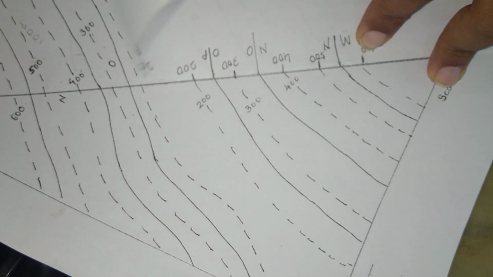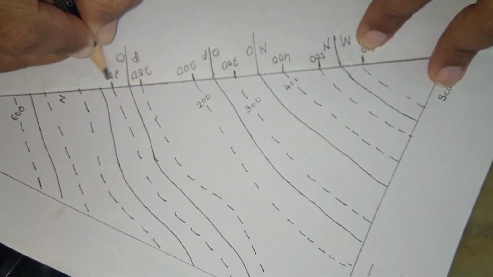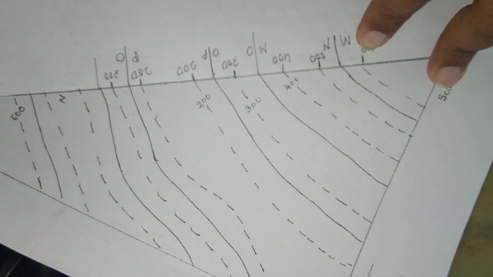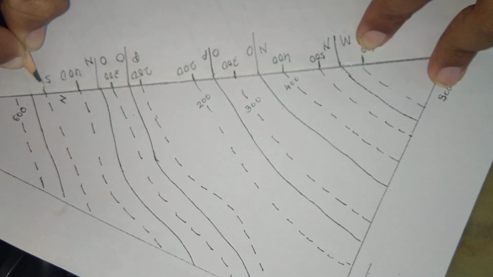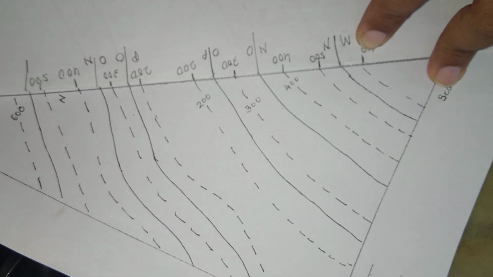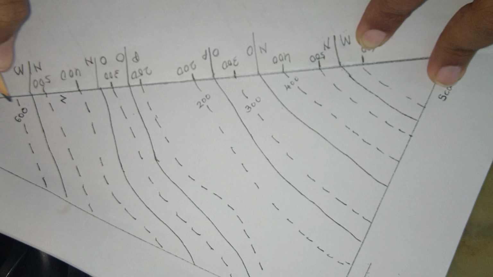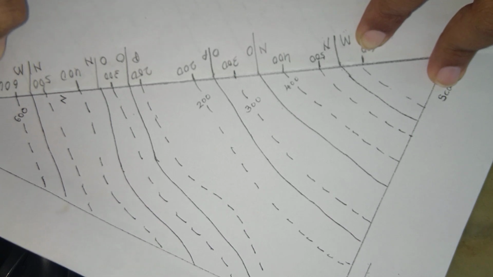Then again there is a contour whose value is 300 meters. Then there is a bed which is ON. Then 400. Next 500. Then again a bedding plane, that is N by M. And the last contour is 600.